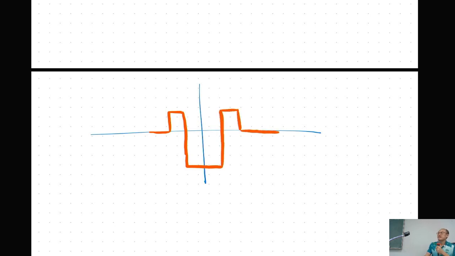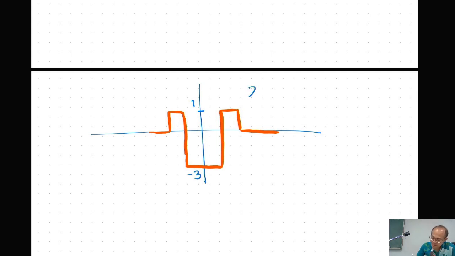Let me draw it. If I do this, go up one, and go down, let's make it here. All right. Now, how would you find c_k? This is 1. This is minus 3.